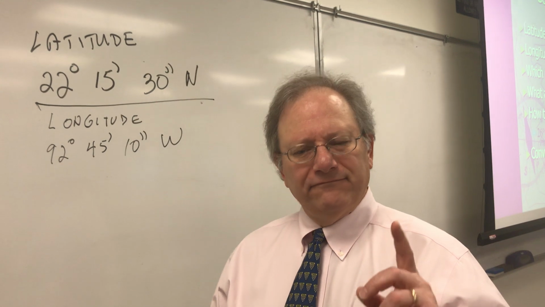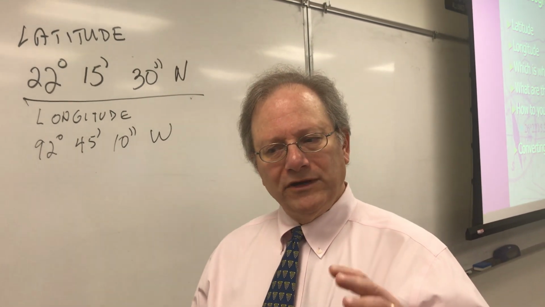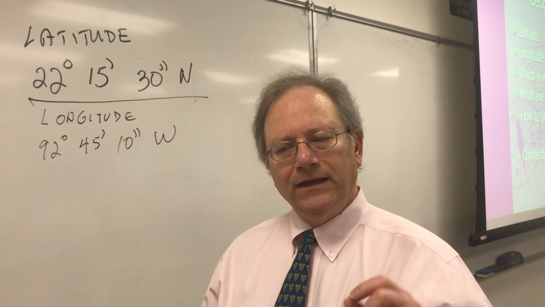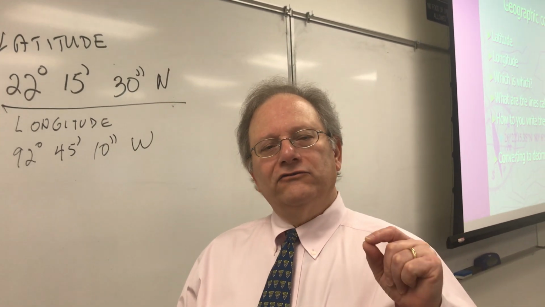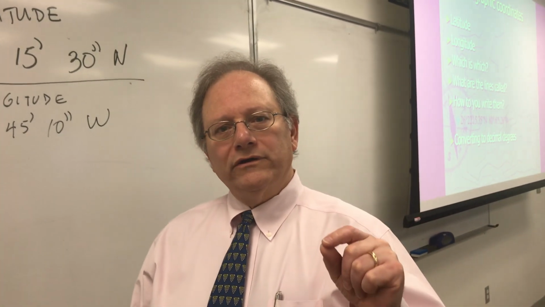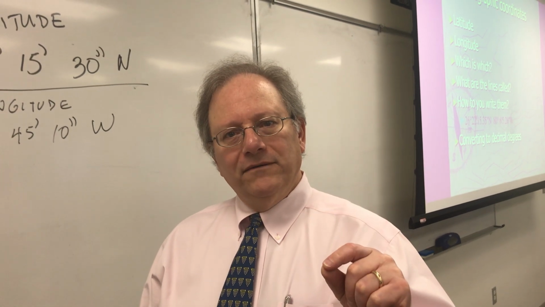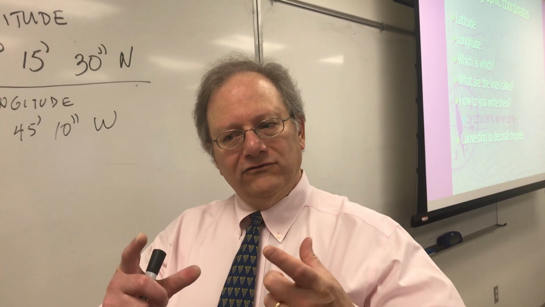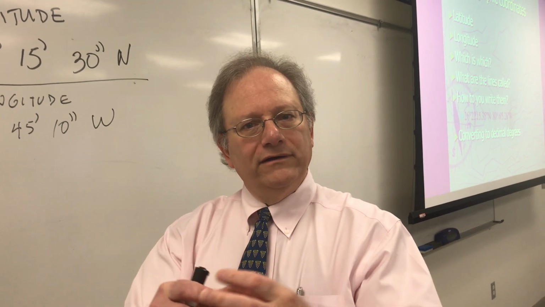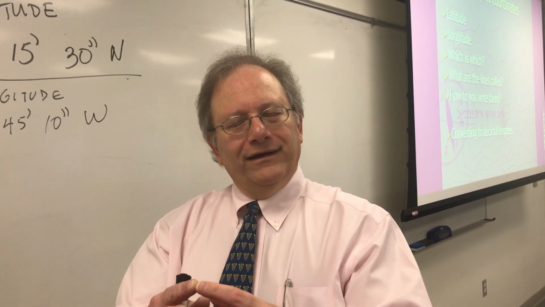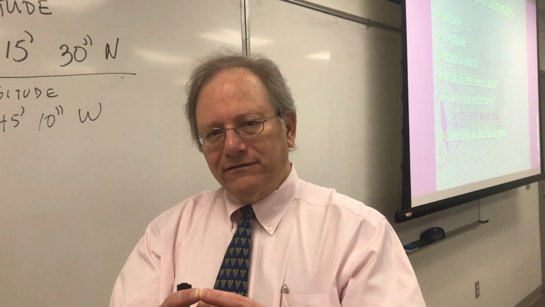Before we do that, I want to add something that I forgot to say in so many words at the beginning. Latitude and longitude is a spherical coordinate system, meaning that the lines conform to the sphere or spheroid of the Earth. It's not a projection.